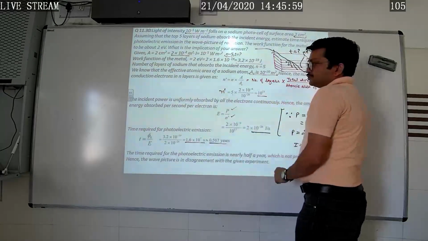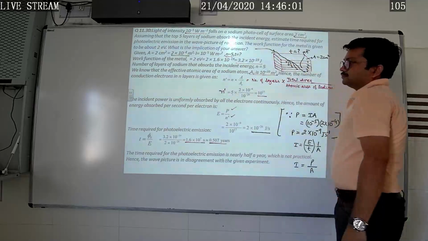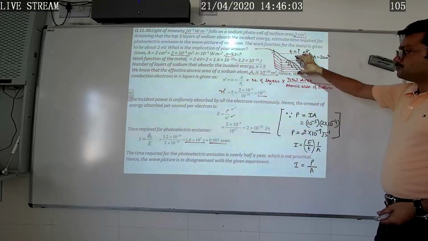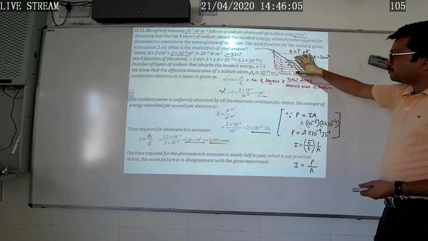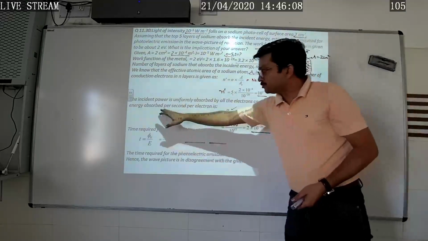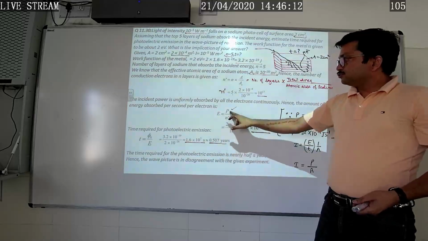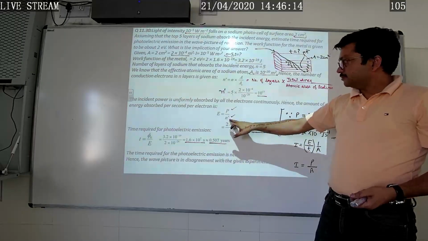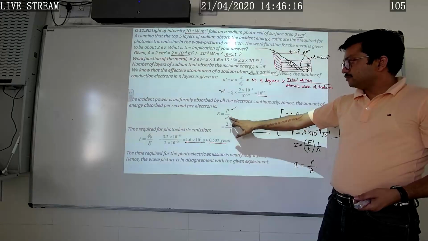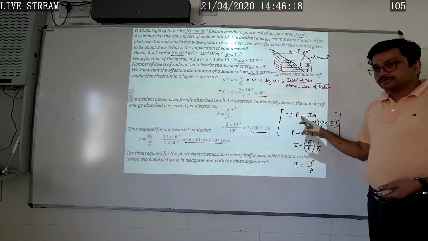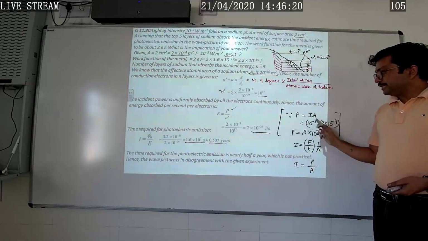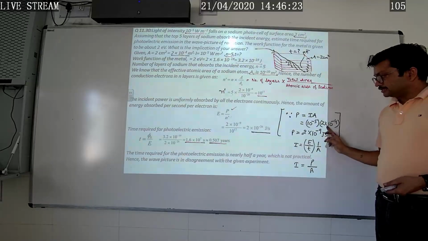Now the incident power is uniformly absorbed by all the electrons present in these 5 layers of sodium. Hence the amount of energy absorbed per second per electron will be given by E is equal to P by N dash. So what about this P? Power is equal to the product of intensity into area.